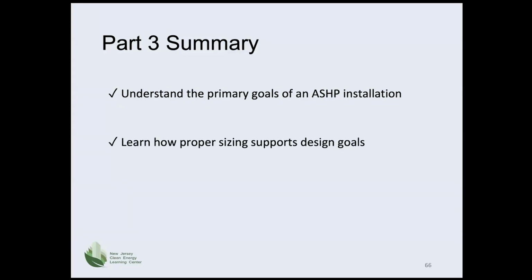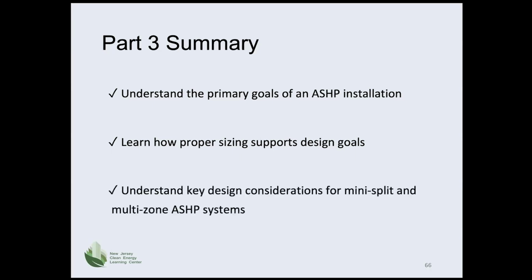Systems that are too large won't operate efficiently or provide comfort, and they'll cost more than they need to. Right-sized equipment will provide comfort, higher efficiency, longer equipment life, and increased durability. And we saw that there are key design considerations for using mini splits or multi-zone systems based on a home's configuration and how often spaces are used, and whether breaking it into zones or serving individual spaces with mini splits will more effectively serve the thermal loads.